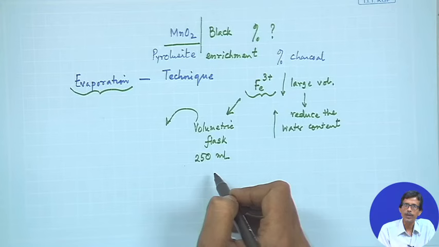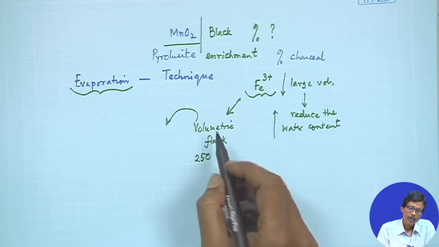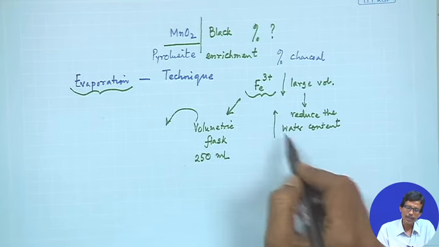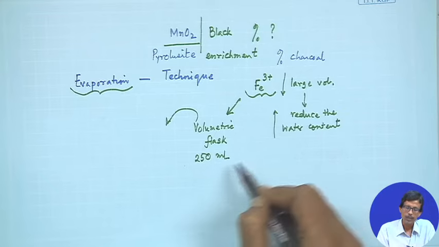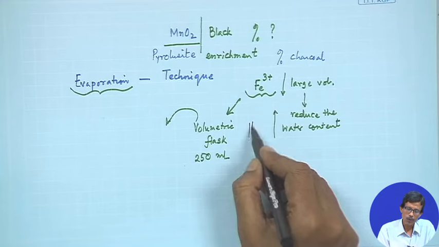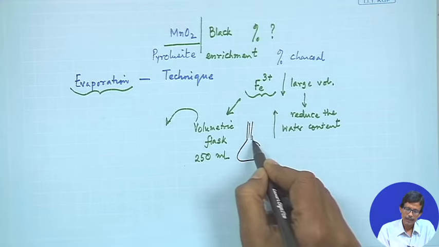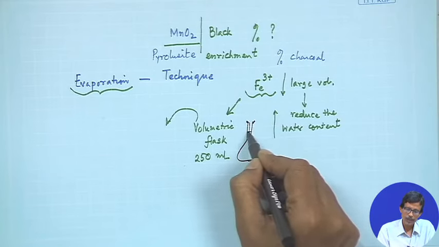So, how to evaporate that? That is the next question we can ask: how to evaporate this particular solution such that there will be very rapid and quick evaporation of the water molecules from the solution. A simple volumetric flask has a shape of this type, which is graduated.